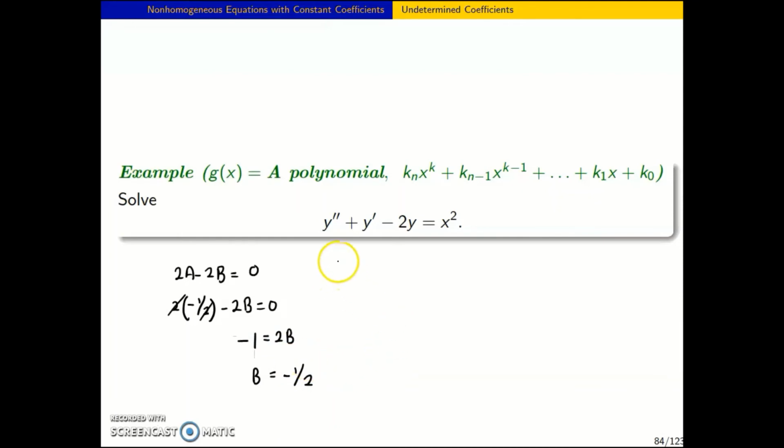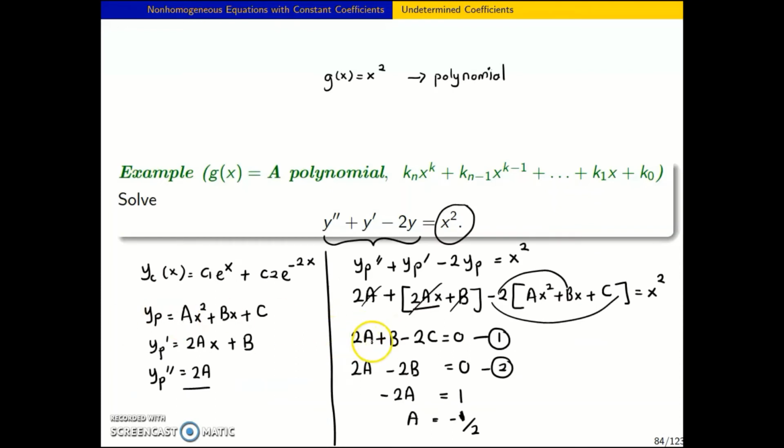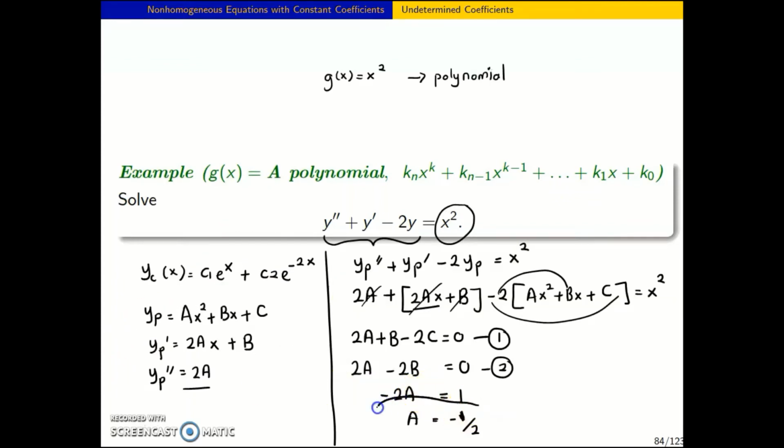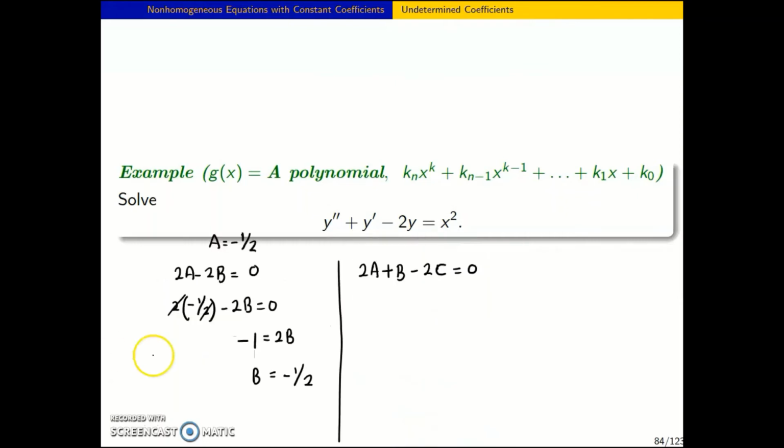Now upon obtaining b equals negative half, what is my first equation here? 2a plus b minus 2c equals 0. We know a equals negative half, which we obtained earlier on. Now b is also negative half.